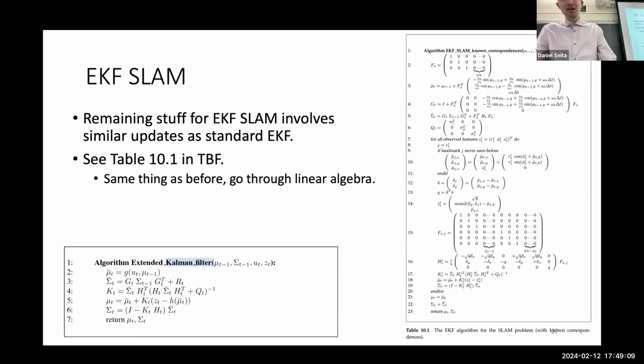That's why it can be a good exercise to go through, but the more important thing is to really understand what is going on here, the higher level of what each line means. If you want to, you can go through the math on your own. I would recommend doing the localization first, because then you can assume the map is given, and here you assume that the map is not given.